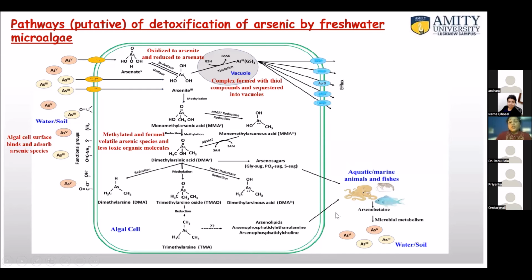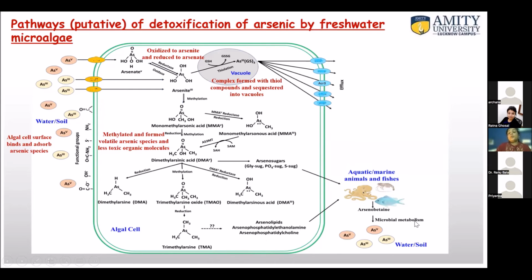After production of this arsenobetaine, the microbial metabolism will again convert it into inorganic, trivalent, and pentavalent arsenic species. So this cycle can be completed, and also we will get some arsenic absorbed from here, and it can go through the methylation part, and all these methylated arsenic species are less toxic, and some of them can be volatile and go out to the environment.